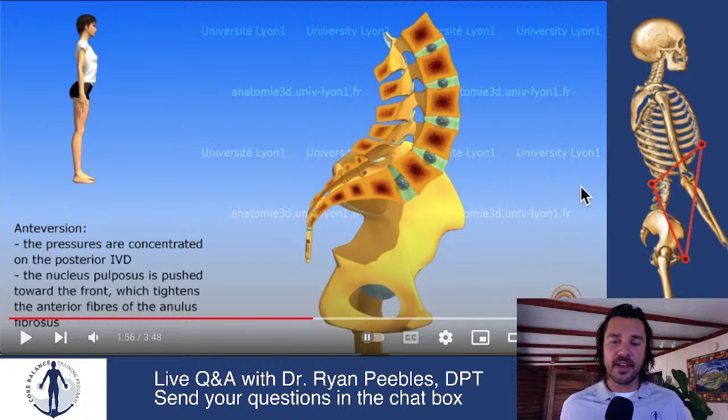By connecting with these anchors and creating this foundation of support, the spine will be supported on both sides, front and back. That's achieving what I like to call core balance.